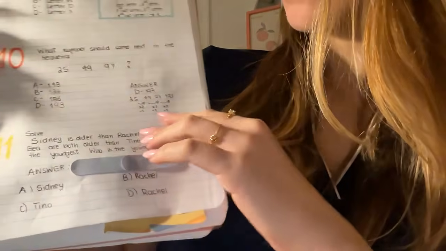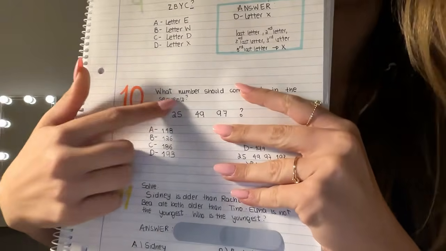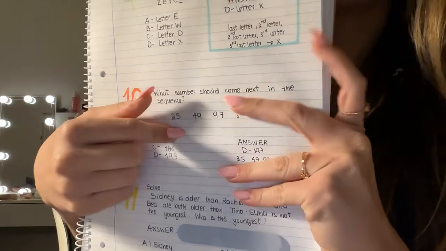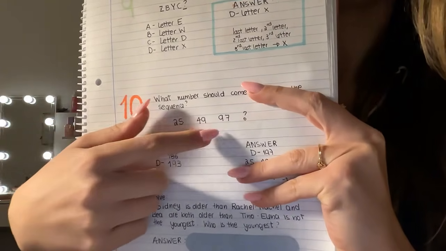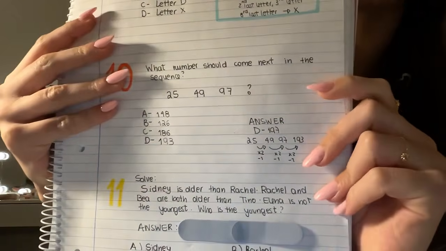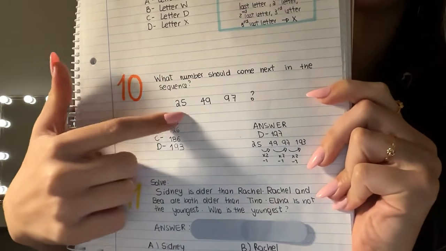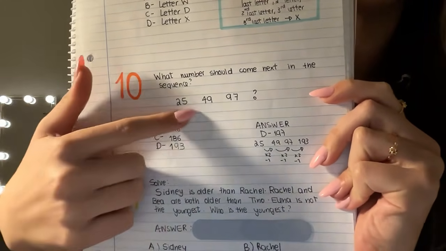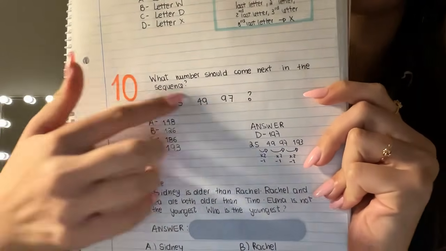So the way this sequence works is we'll multiply this number by 2 and then we remove 1 unit. Then we'll multiply this number by 2, remove 1 unit, and so on. So 25 multiplied by 2 should be 50, remove 1, and so on.